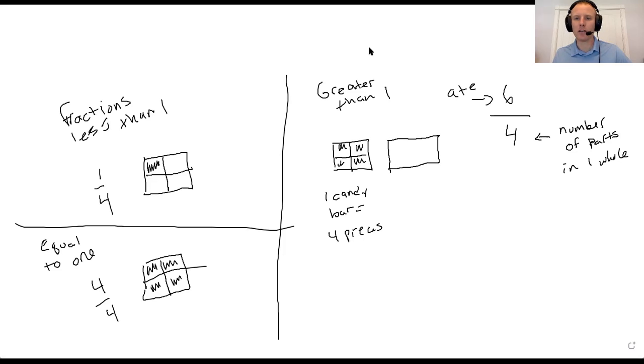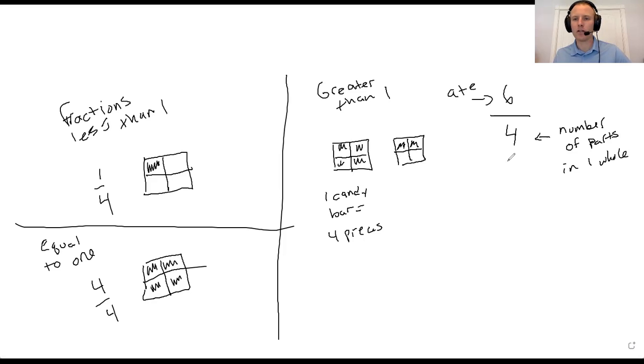Let's try that again. So I have to bring in a second candy bar, and I'm going to eat 2 pieces of that. So as you can see, I ate 4 pieces from the first and 2 pieces from the second.